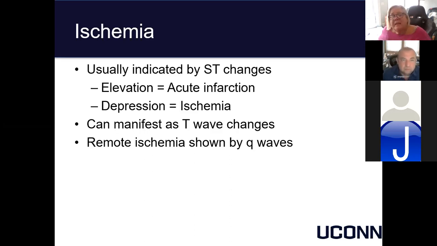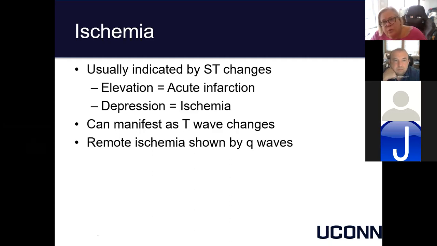Right. Now, when I say remote ischemia, what do I mean by remote ischemia? This is sort of a classic physical history word. We think of remote as being far away.